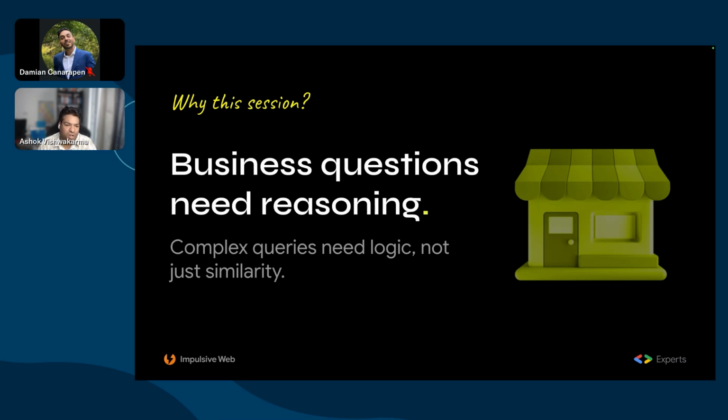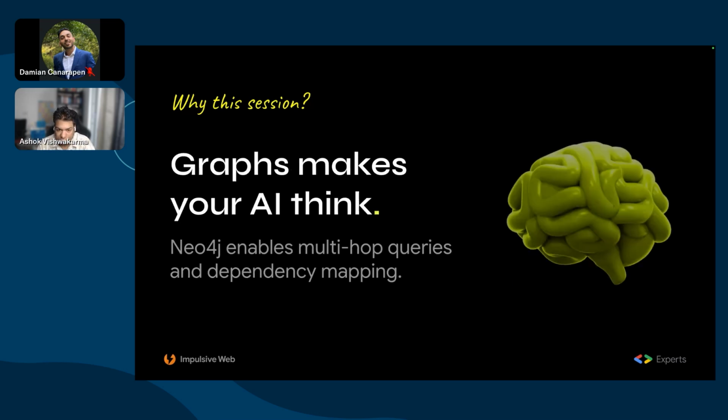But when we build solutions for a business, semantic match does the job for very high level queries. But as soon as those queries become more complicated and more logical, semantic match does not help that much, and it requires some form of reasoning.